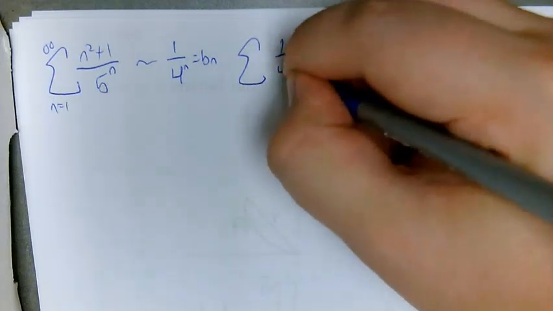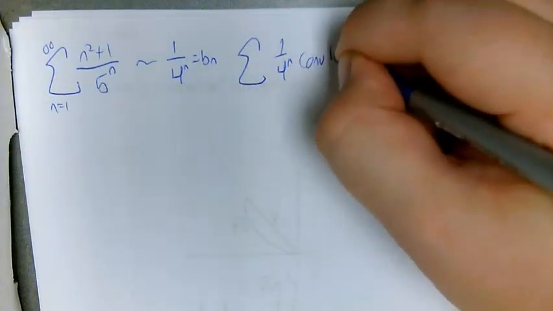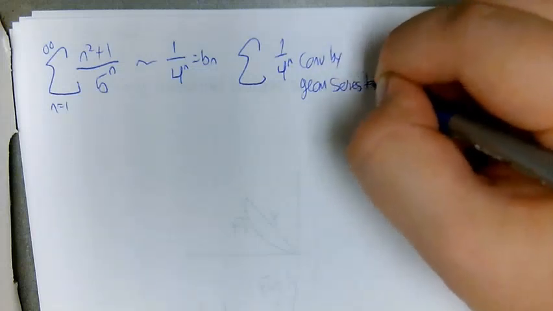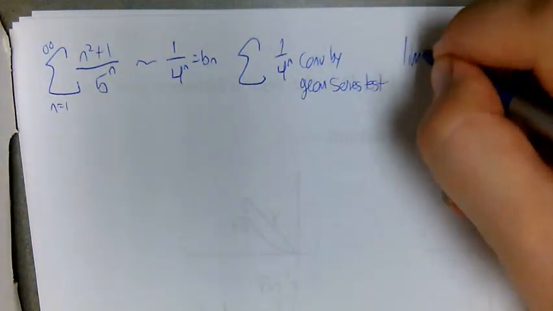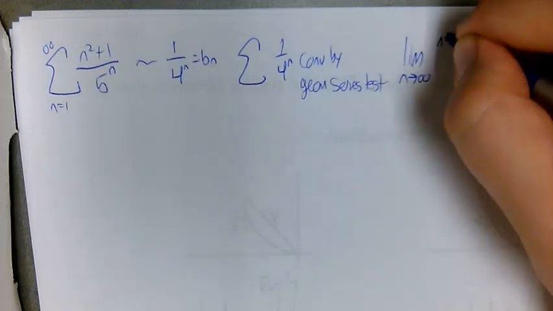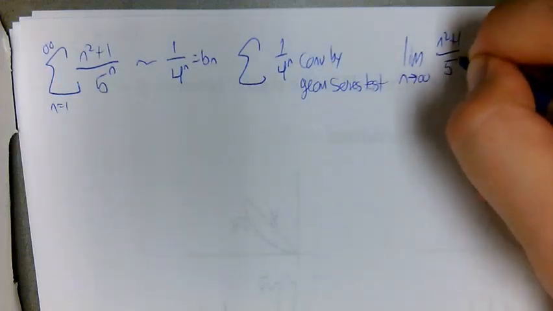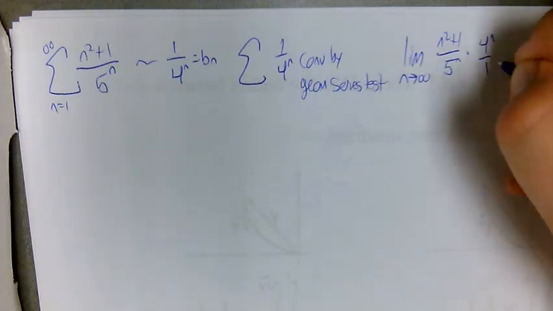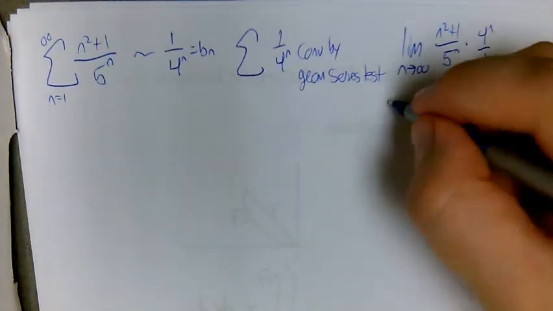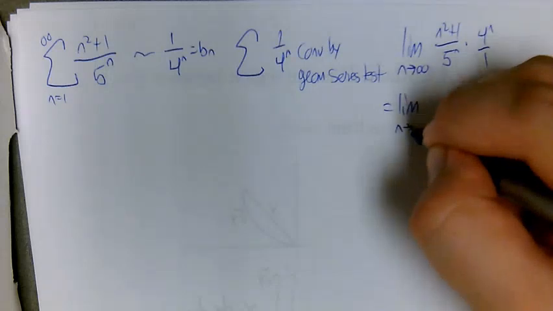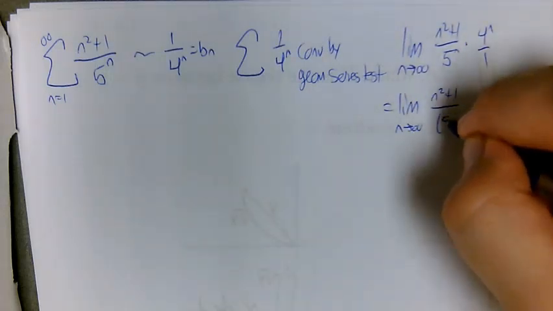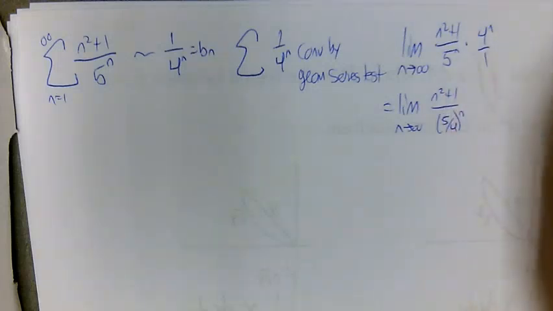So we know that 1 over 4 to the n converges by the geometric series test. So let's take a look at the limit. We have n squared plus 1 over 5 to the n times 1 over 4 to the n, and then just like all the other problems where we've done this, I'm going to move this and combine it with that 5 to the n, giving us 5/4 to the n.